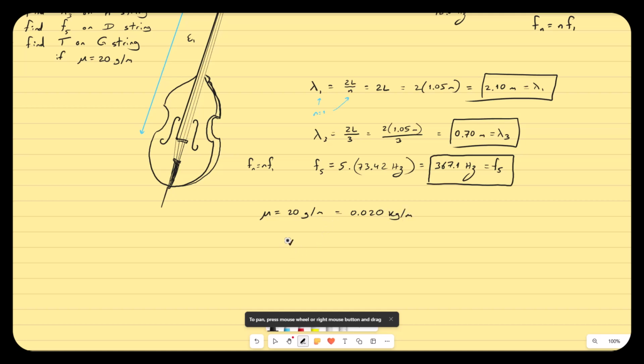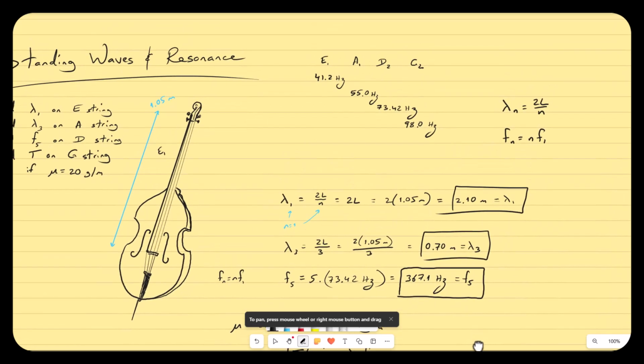I know my wave speed is the square root of tension divided by mu. And I also know that my wave speed is equal to a wavelength times a frequency. And I can do this with any n value, but being that I have my fundamental frequency for this string already, I'm just going to use F1.